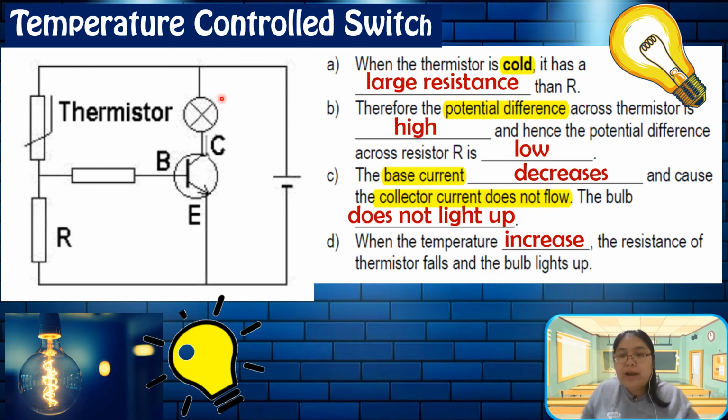It's during high temperature. If the temperature is high, the thermistor resistance becomes low. The potential difference across the thermistor is also low, but the potential difference across the resistor R becomes high. So base current goes through the transistor.